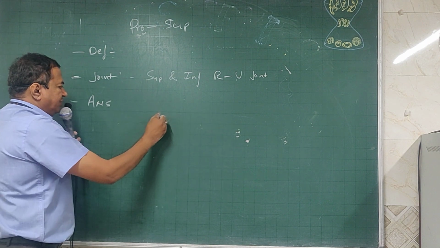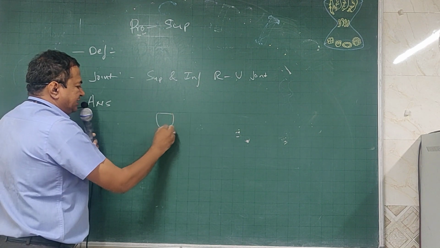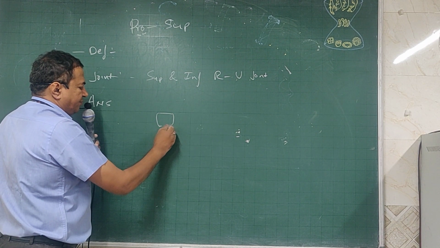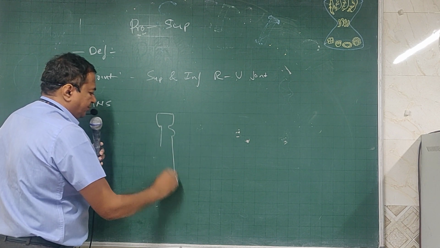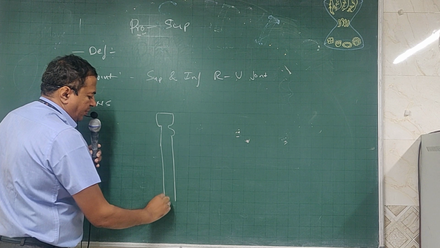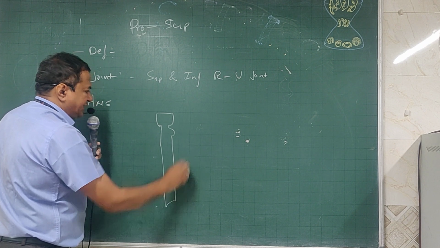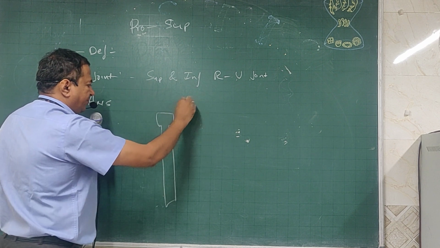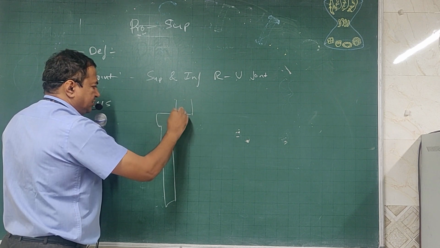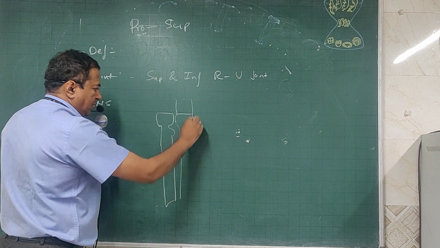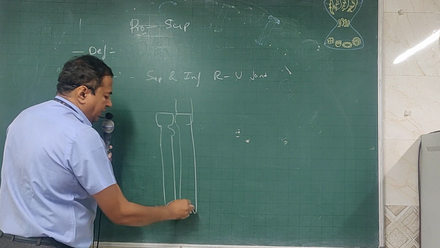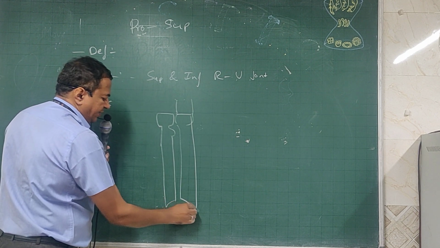What is the axis of this movement? Suppose this is the radius head, radial tuberosity. This is the ulnar notch. Ulnar head is down, right?